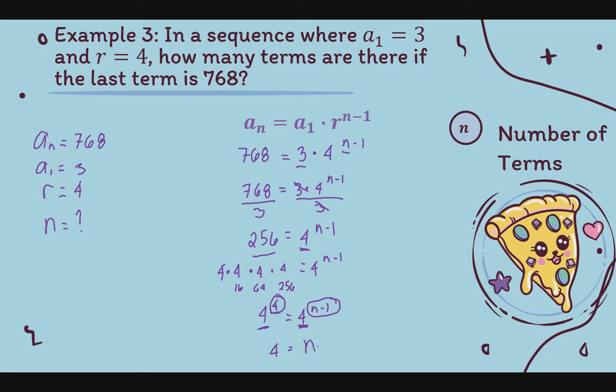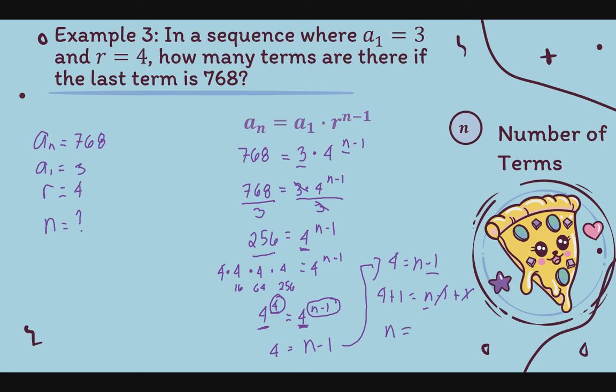Ngayon, again, meron na tayong 4 equal to n minus 1. Ngayon, gamit tayo ng addition property of equality para mawala yung naka-minus 1. So, mag-add tayo ng 1 both side. 4 plus 1 equal to n minus 1 plus 1. Para mawala na yung negative 1 at ang matira na lang ay n. So, n equal to 5.